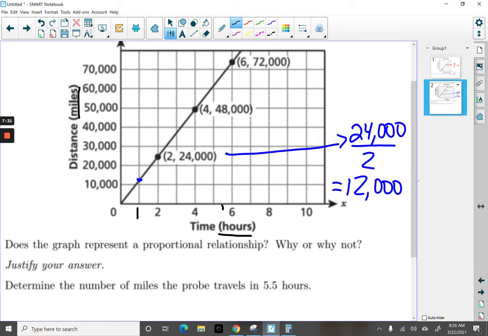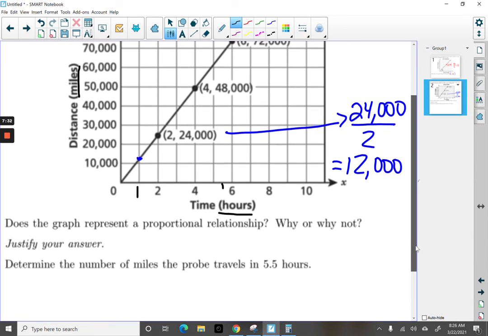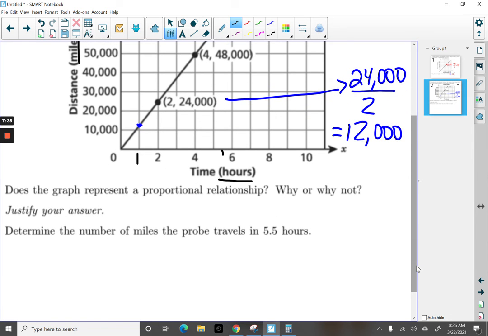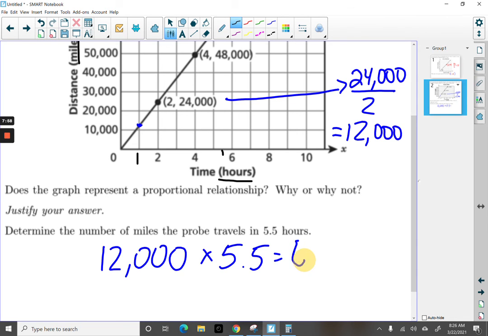So if I want to know how far it's going to travel in 5.5 hours, I'm going to take this 12,000. Remember, we said that was in 1 hour. So all we need to do is multiply times 5.5 hours. And this should give me my answer. 12,000 times 5.5 is 66,000.